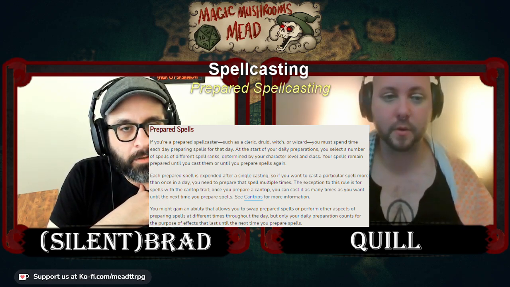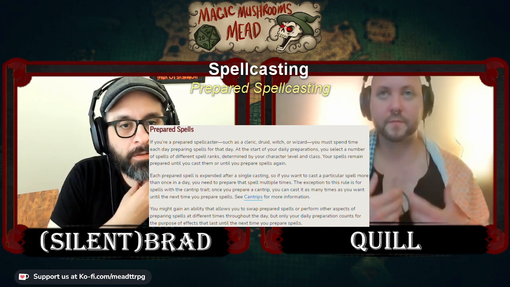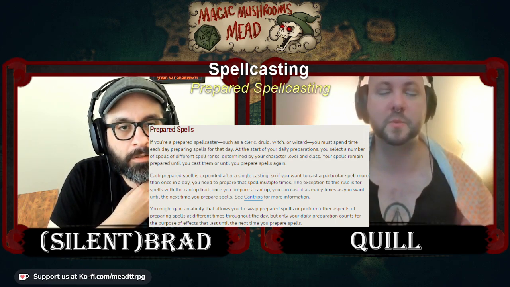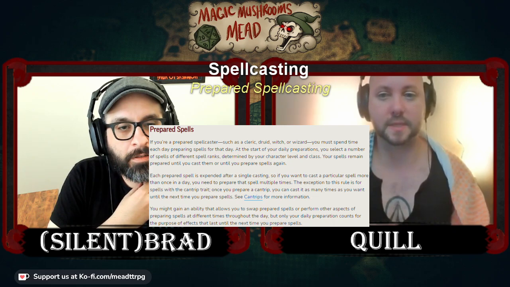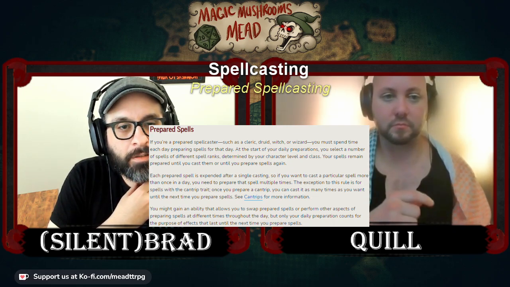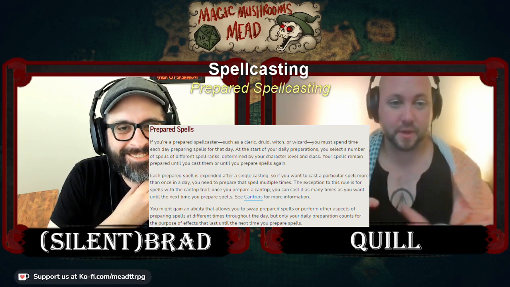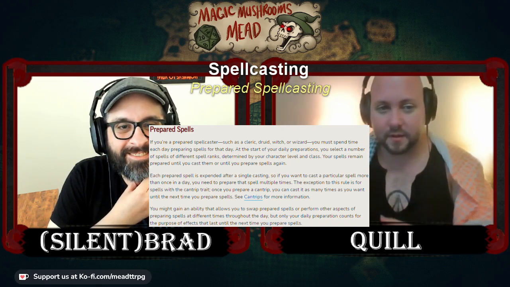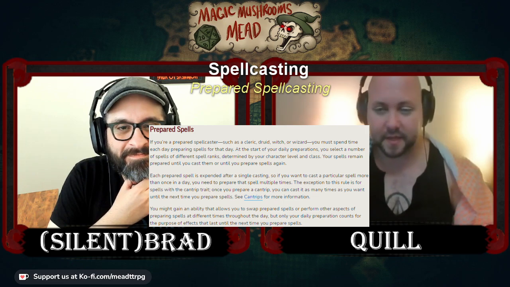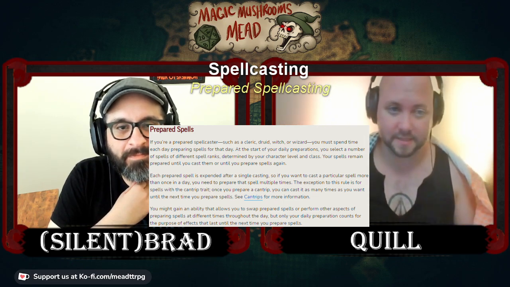The way I described my character casting spells was like they've got little pokeballs, and I'm gonna make one fireball and one of this and one of these, and once you've thrown it, that's it.